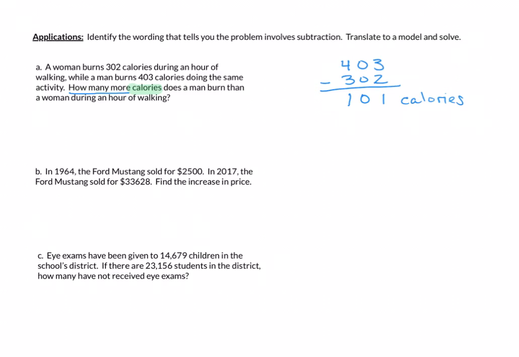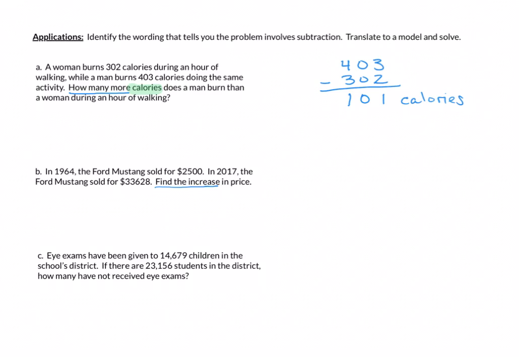So again, find the increase. This is our phrase that tells us this is a subtraction problem. I want to know how much you have to add on to the original price, $2,500, in order to get $33,628. So this is a subtraction problem.